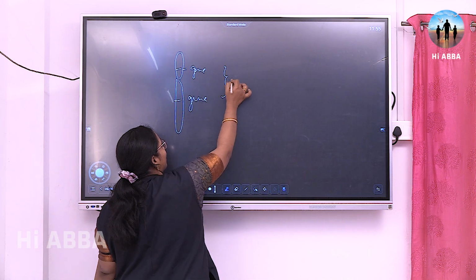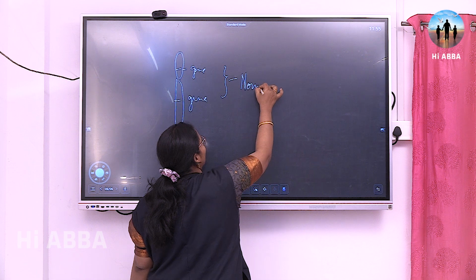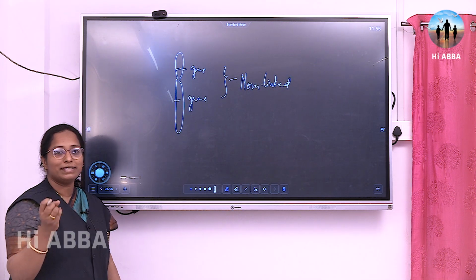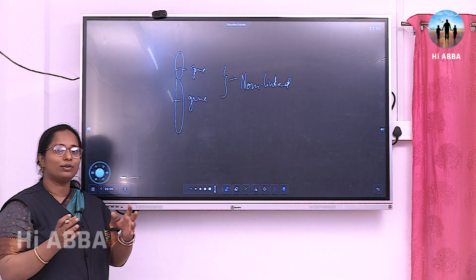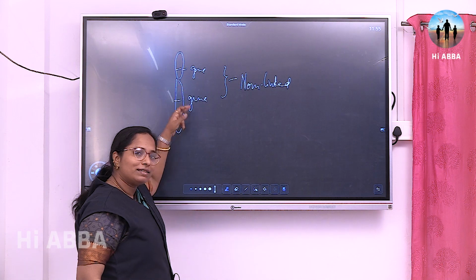Because of this distance, we call such genes non-linked genes, but these are present on the same chromosome. I am not talking about different chromosomes. On the same chromosome, the distance is also bigger.